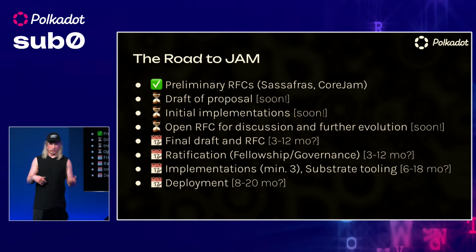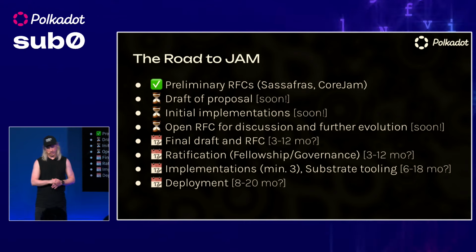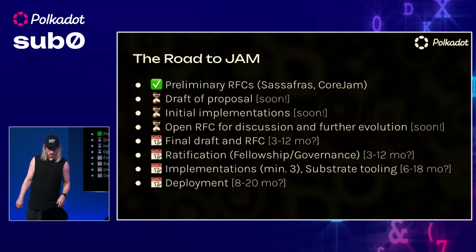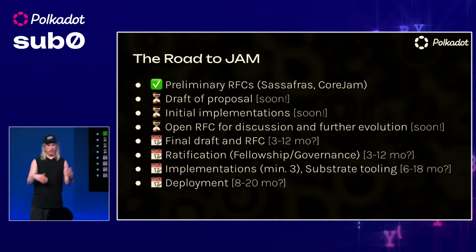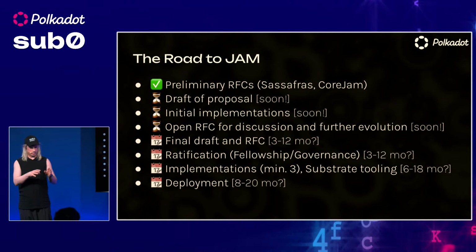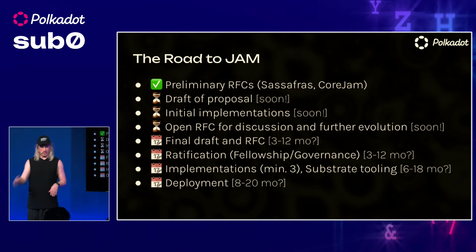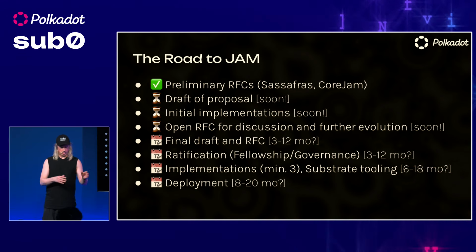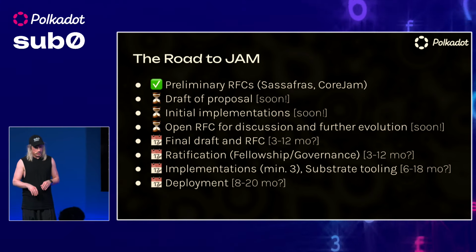Once those are in place, we would open an RFC for discussing this and presumably making some changes. There are already question marks over points of the design that I can't get into. I'm already way over on this talk. But needless to say, there are design elements that are not certain, and I think a period of RFC discussion to work out where they should land is a fairly sensible thing to do.